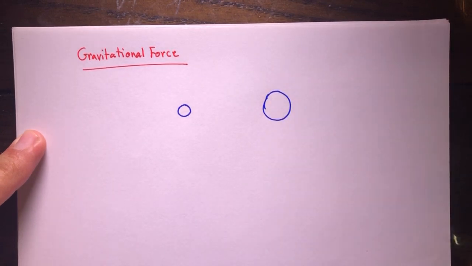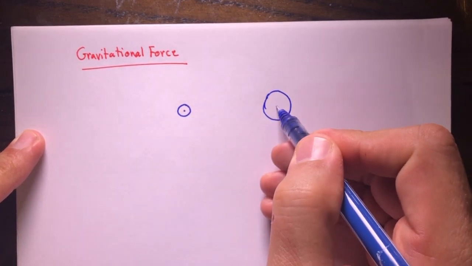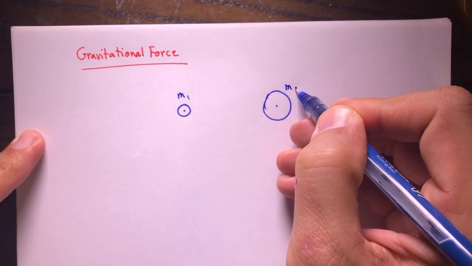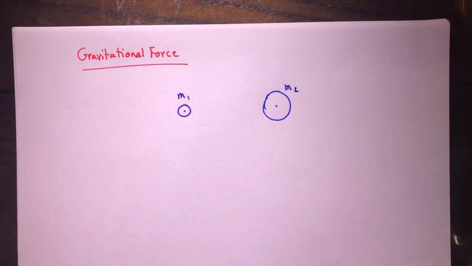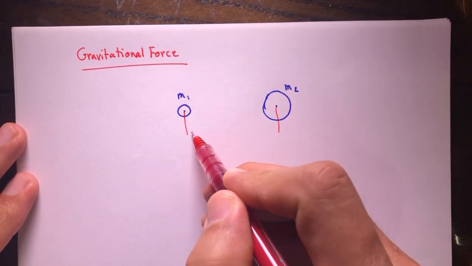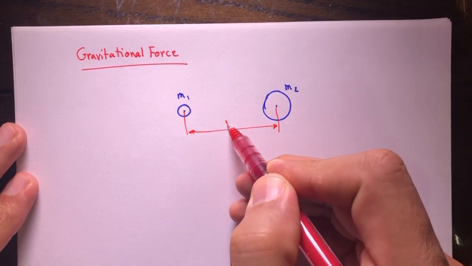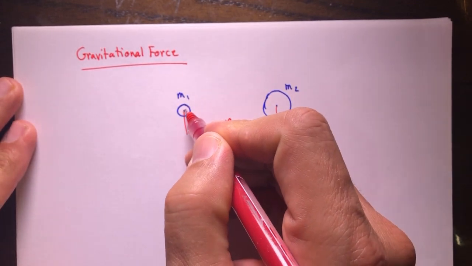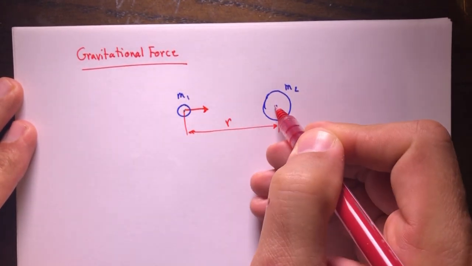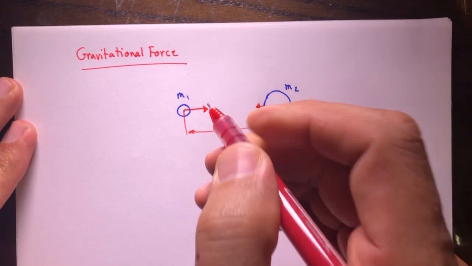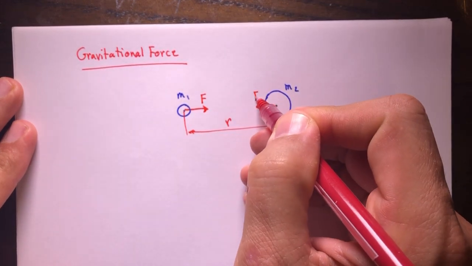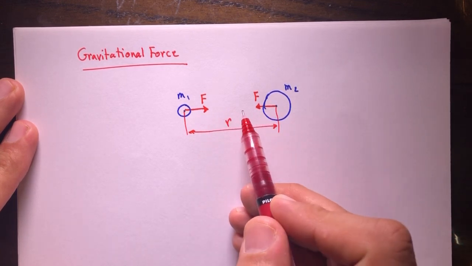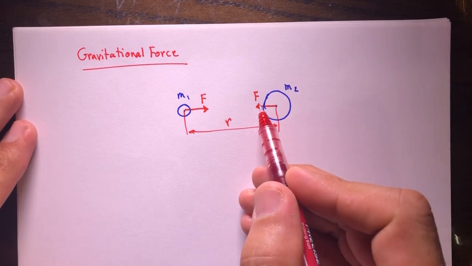Let's say we have two particles or two perfect spheres, and the masses of them are m1 and m2, and the distance between these two particles is r. Based on this law, these two particles are going to apply a gravitational force which has the same magnitude but in opposite direction. So these particles are attracting each other with this force F.